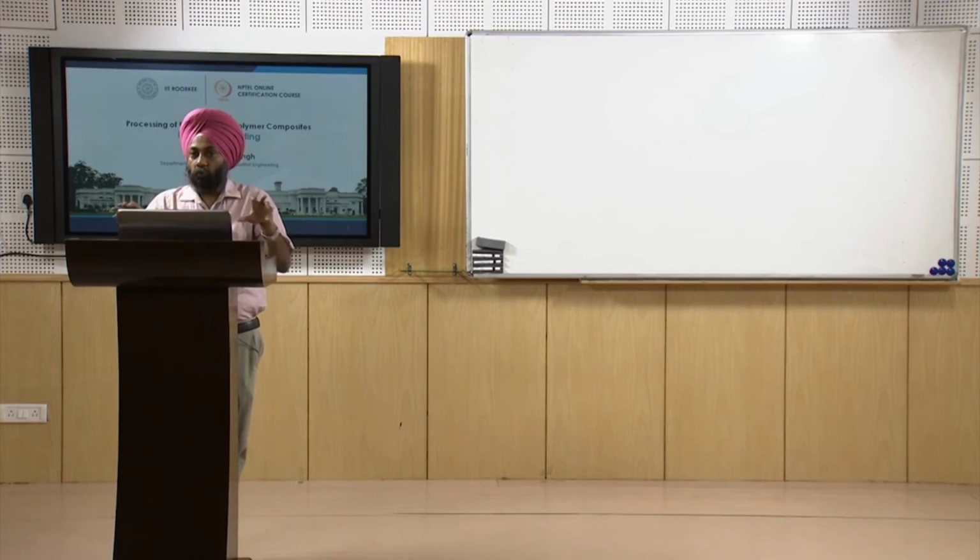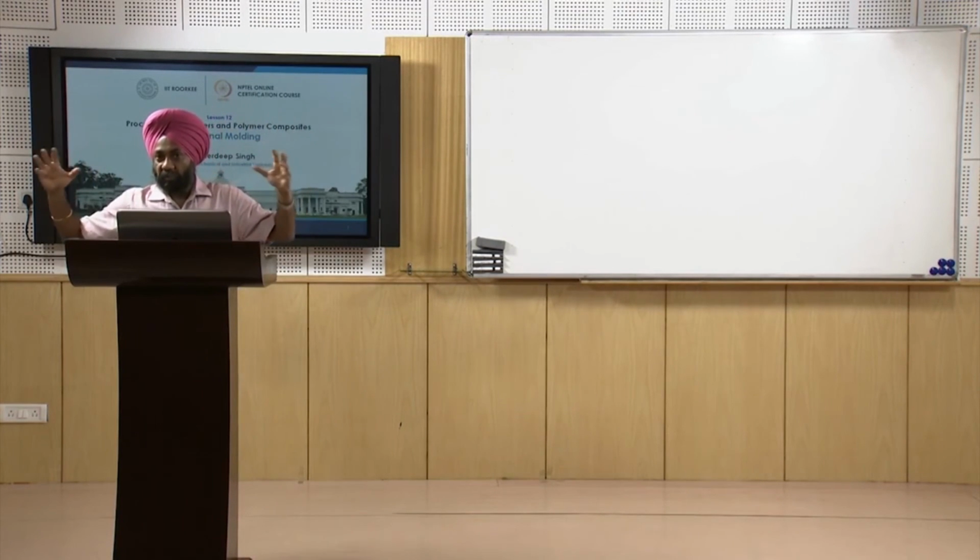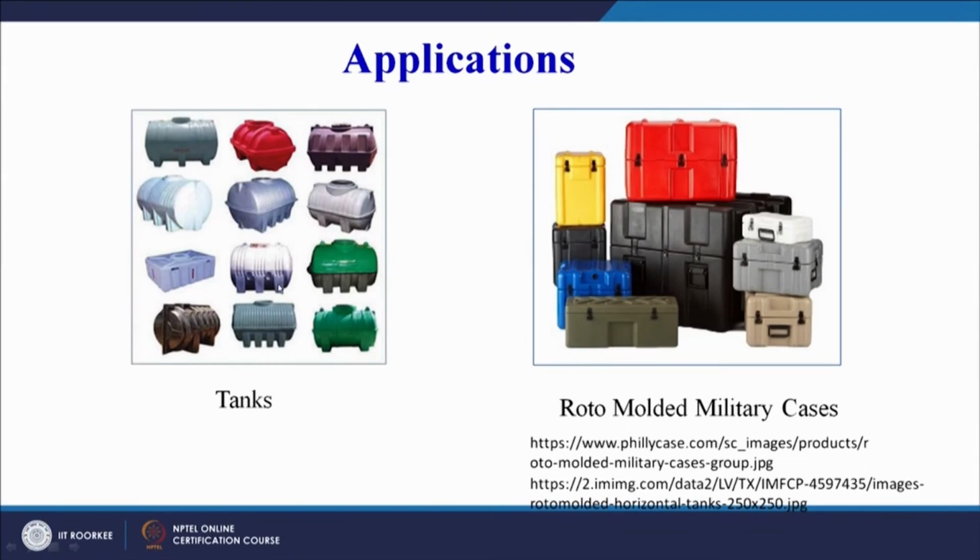So it is used for making large size products, it is used for making hollow products, and most of the time they will have axial symmetry, that is, they will be symmetric about one or two axes. If you see the applications, all of them have one or two axes of symmetry, and all of them are hollow in nature.